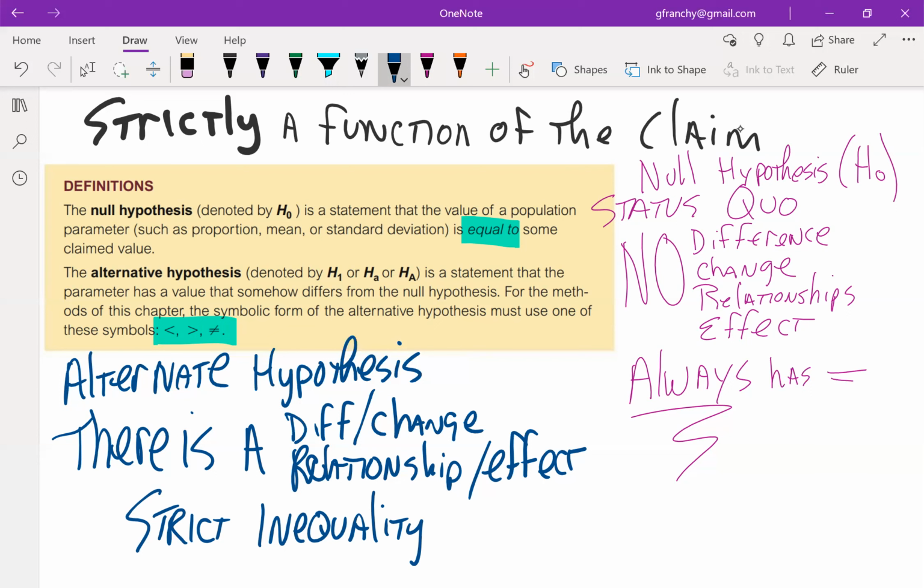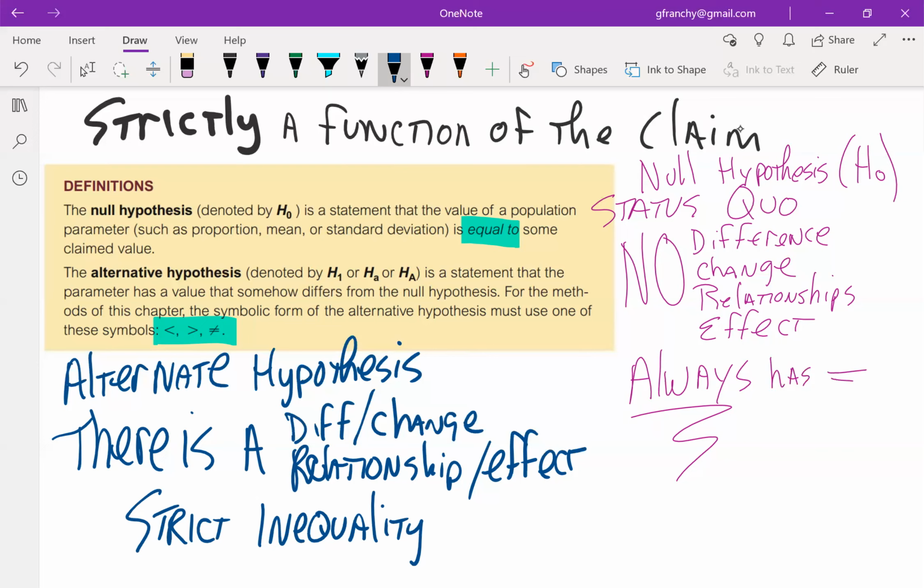If it's not equal, then it has to be some sort of inequality here, and we're going to allow for 3 possible cases depending on what the claim is. So the alternate might be that we're lower than whatever the value is, or higher than it, or we'll use the not equal if we're looking for any difference.